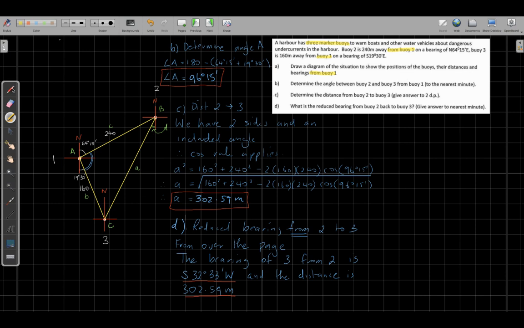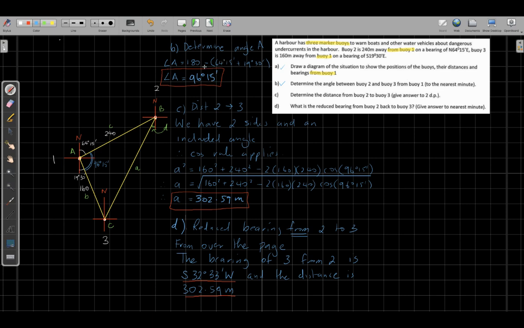So 96 degrees and 15 minutes. So A is done, relatively straightforward, to the nearest minute. For these, you need to be making sure you're using your degrees, minutes, seconds input.